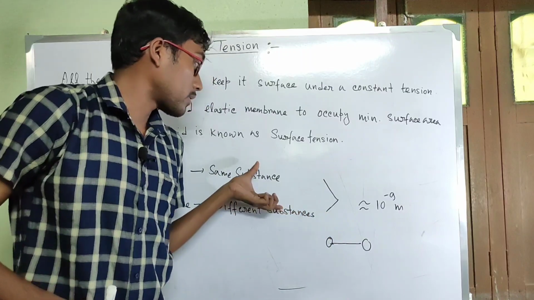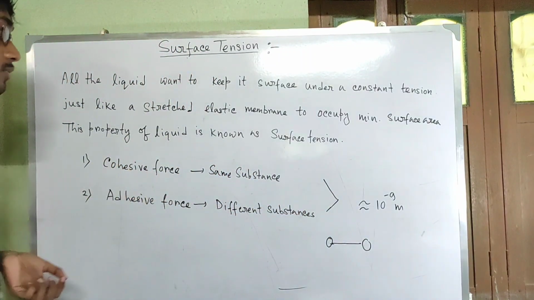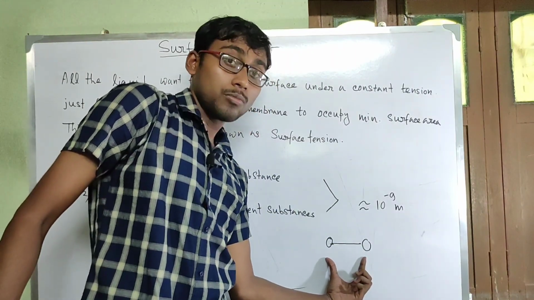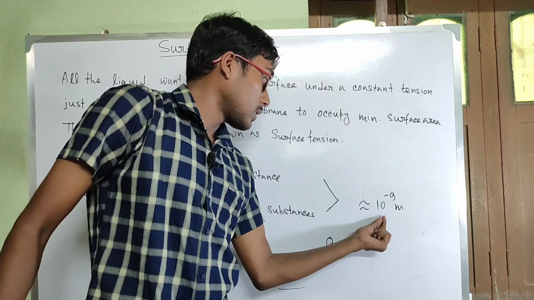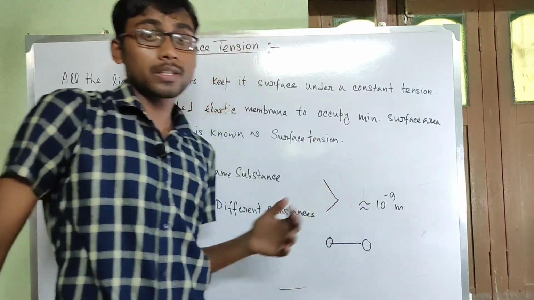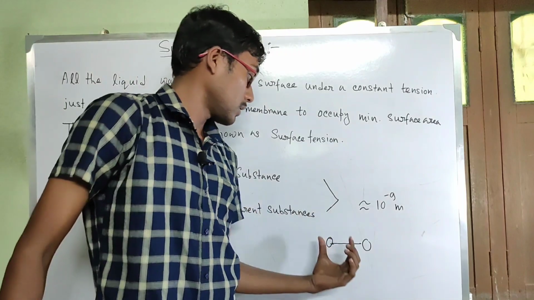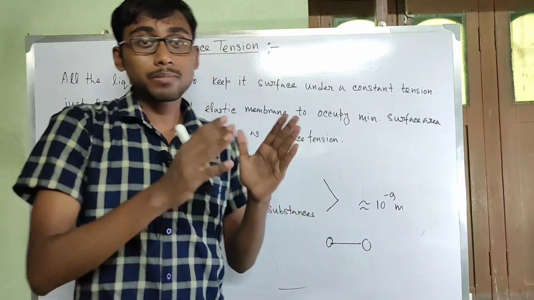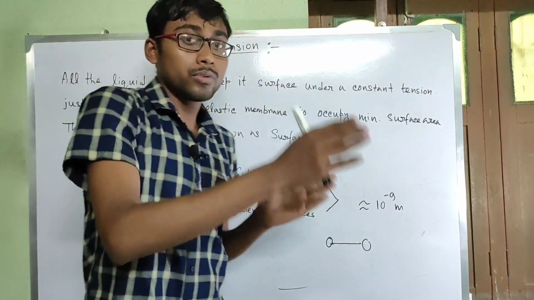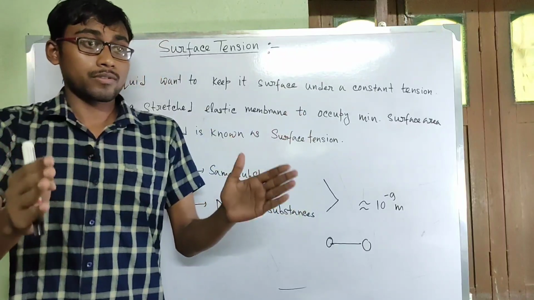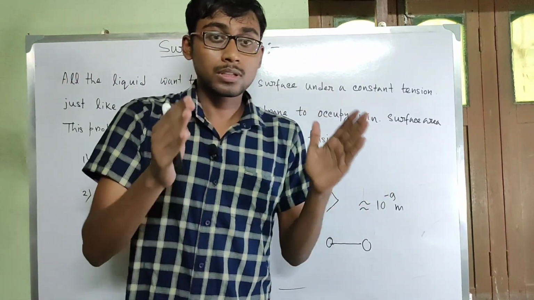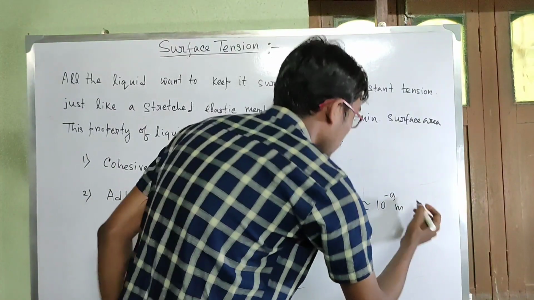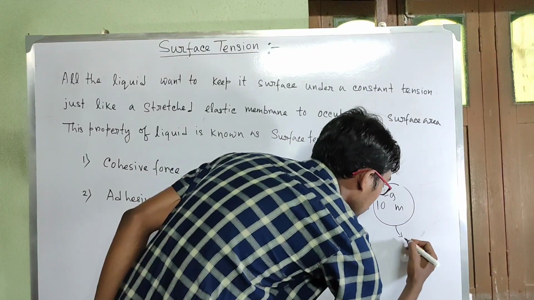These two types of intermolecular force of attraction are applicable when the distance between the two molecules is 10 to the power minus 9 meter or less. So we can say that the maximum distance up to which the force of attraction between two molecules is applicable is called the molecular range.